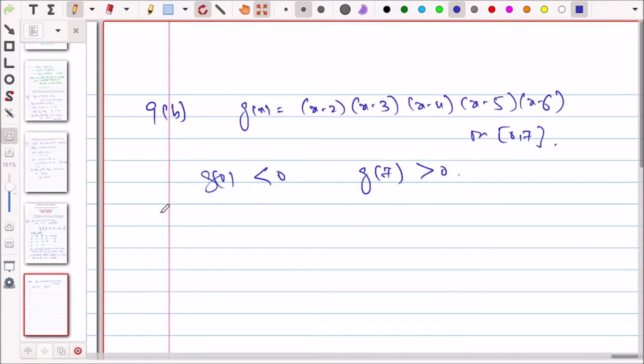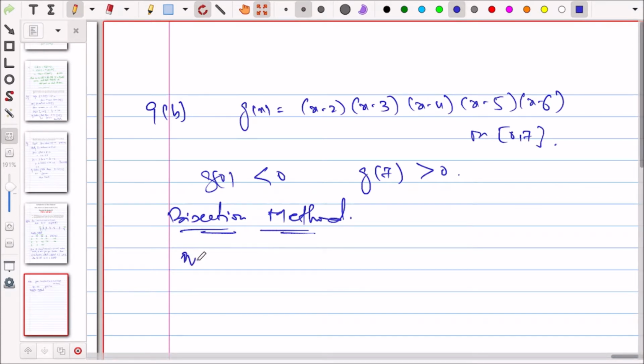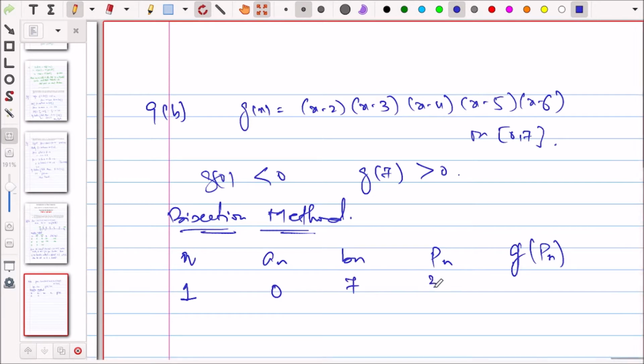Now if you apply the bisection method, you will make the following table. n denotes the number of steps, then an, bn, pn, the midpoint, and g of pn. When n is equal to 1, your an is 0, bn is 7, pn is 3.5.